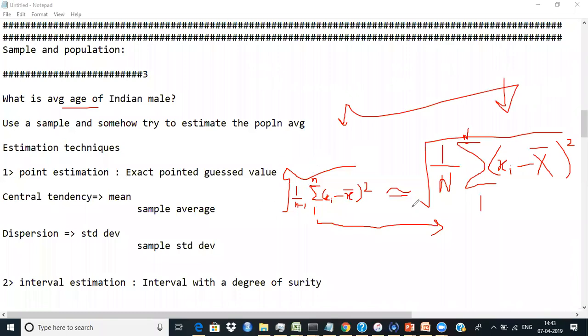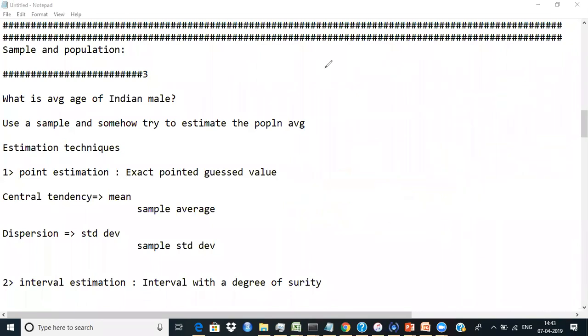Makes sense? So if I ask you what is the best estimate of population standard deviation, it will be the sample standard deviation. Remember, whenever you talk about sample standard deviation, the calculation will always have 1 by n minus 1 in the denominator.